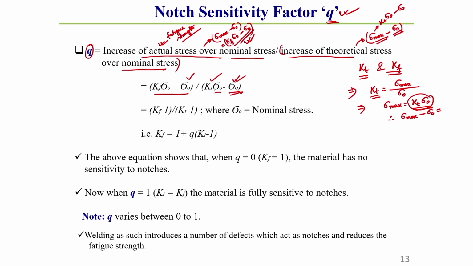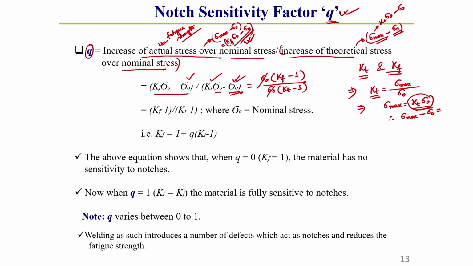Based on these things, if you write it out, your equation comes like this. On the top side you can take sigma 0 common, and you will get Kf minus 1. On the bottom side also you can take sigma 0 common, and you will get Kt minus 1. This sigma 0 cancels out.